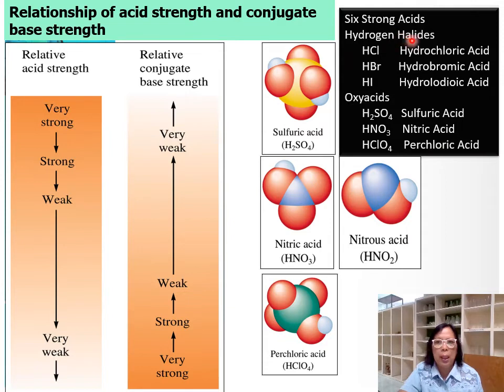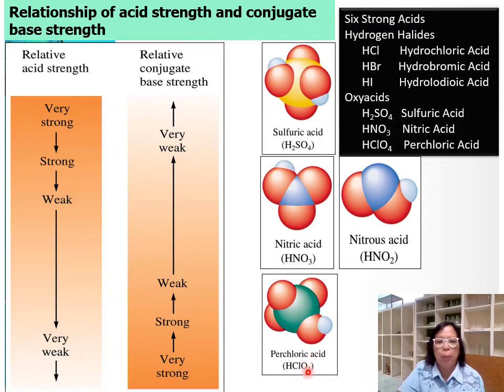You have the halides, and of course you have also the oxo acids. You have here the sulfuric acid or the H2SO4. You have here the nitrogen acid or the nitrous and the nitric acid. And you have also another halide acid here or hydrogen halide, that is the HCl. And this one is the perchloric acid.